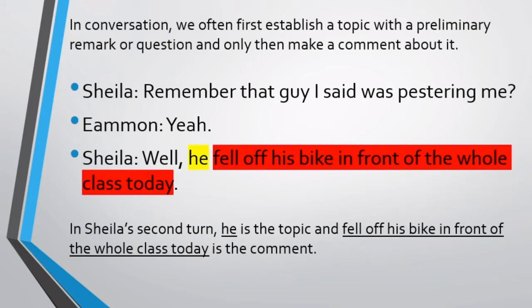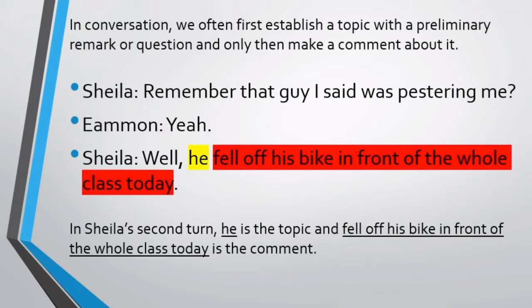In conversations, we often first establish a topic with a preliminary remark or question and only then make a comment about it. Sheila said, "Remember that guy I said was pestering me?" Imon replied, "Yeah." Then Sheila replied again, "Well, he fell off his bike in front of the whole class today."